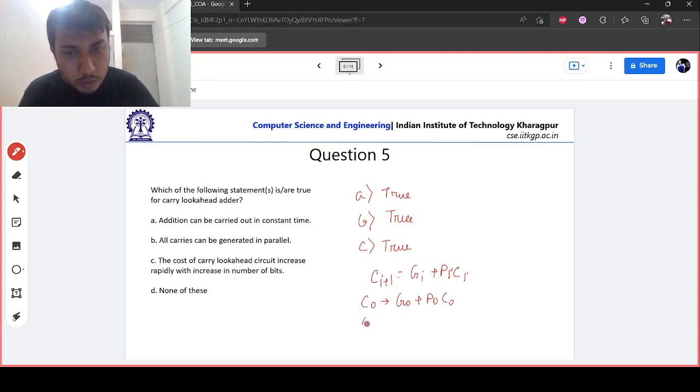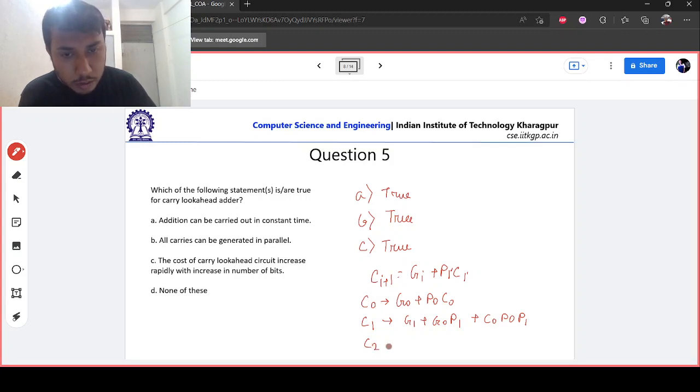As the number of bits increases, it becomes really a costly circuit, because then C2 will be G1 plus G0 P1 plus C0 P0 P1.